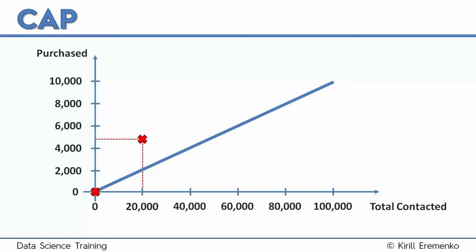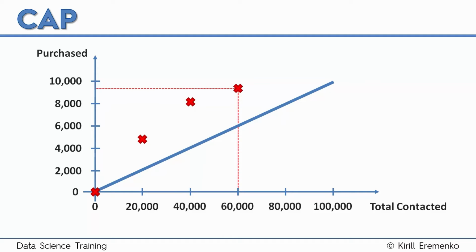We know from their previous behavior, or from the previous behavior of customers similar to them, that they have a 90% chance or an 80% chance of purchasing this product. And we will go for them first. We will put them at the top of our list of people whom we contact. Then when we contact, let's say, not 20,000 but 40,000, our response rate will be higher than 4,000, which we get in the random scenario.